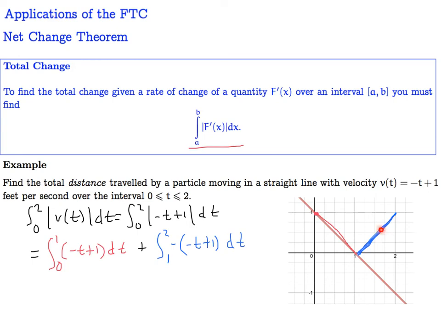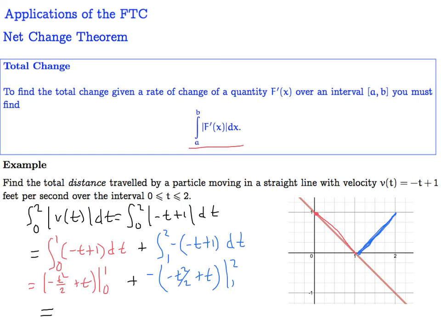It switches the sign, so it takes the opposite, it moves the negative part up to become positive. And so when I compute these, again by the fundamental theorem of calculus, I get negative t squared over 2 plus t evaluated at 0 and 1, plus the negative of negative t squared over 2 plus t evaluated now at 1 and 2.